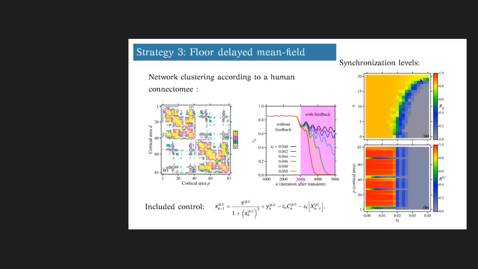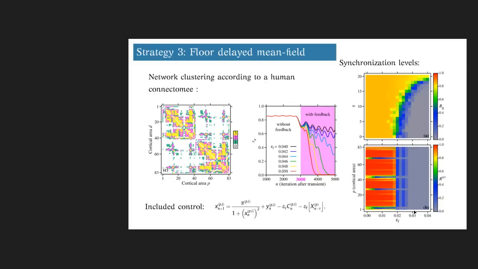So the synchronization levels with small epsilon feedback values in each subnetwork, in each cortical area, in the B panel, is very high.